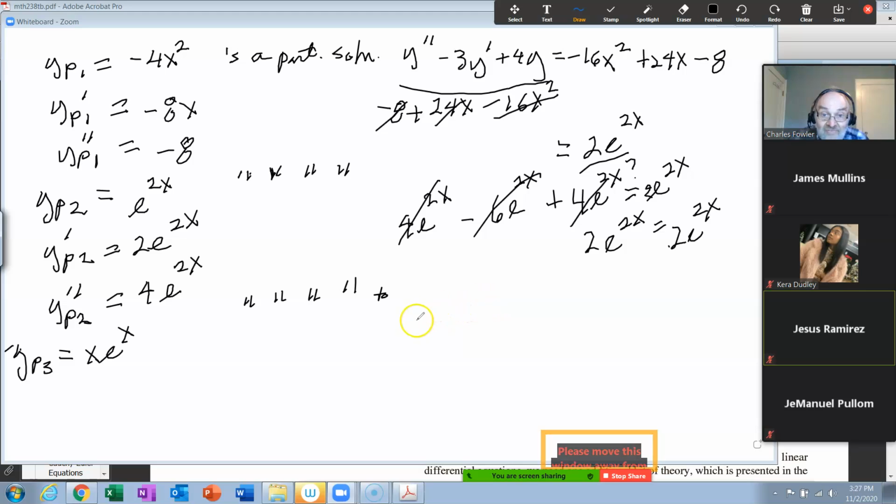Same left-hand side here: y double prime minus 3y prime plus 4y is equal to the new right-hand side, 2x e to the x minus e to the x. Okay.